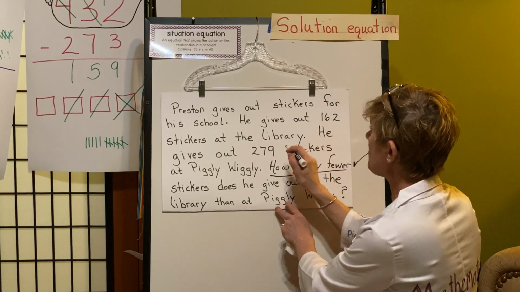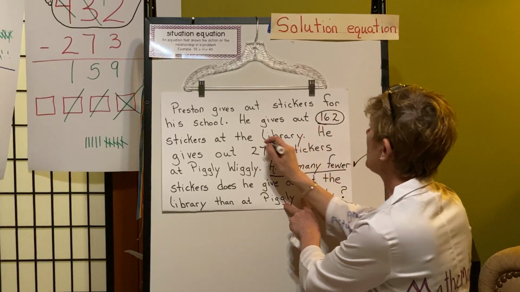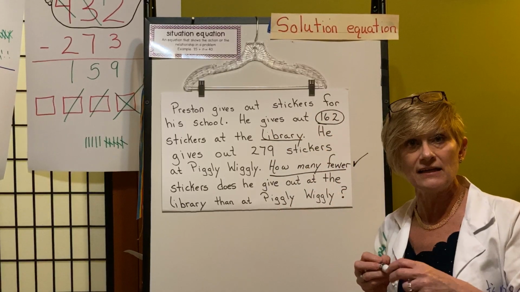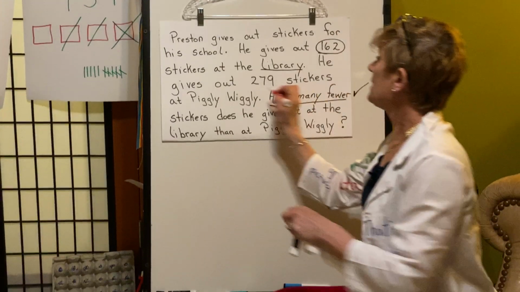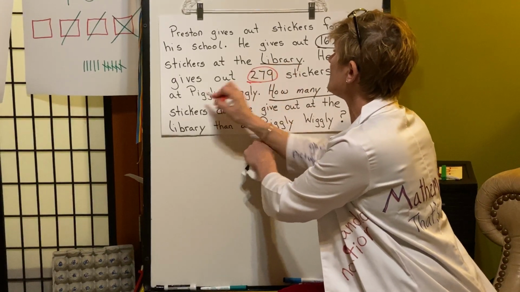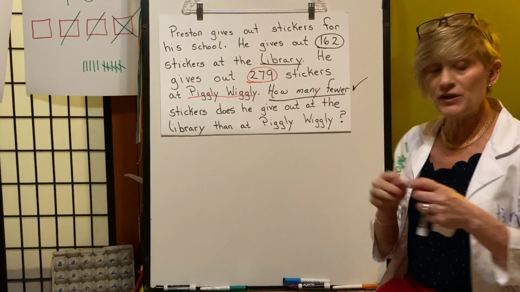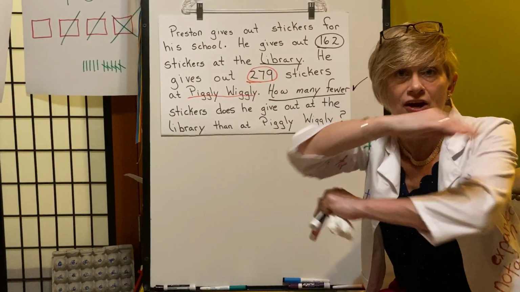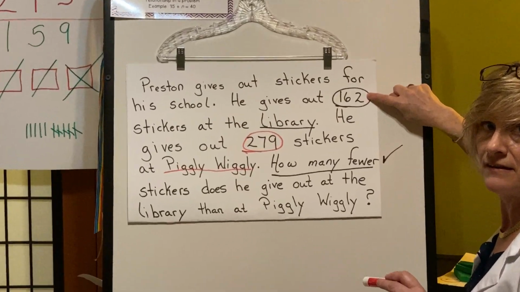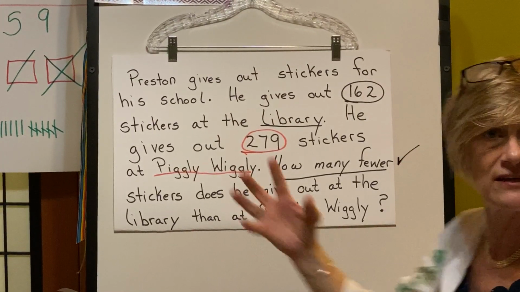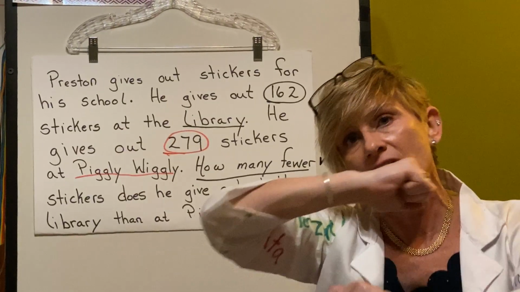So at the library, we know it was 162, right? And then at Piggly Wiggly, he did 279. So we know that those are being compared because we're wondering how many fewer are here. We're not saying how many are together. We're looking at fewer.